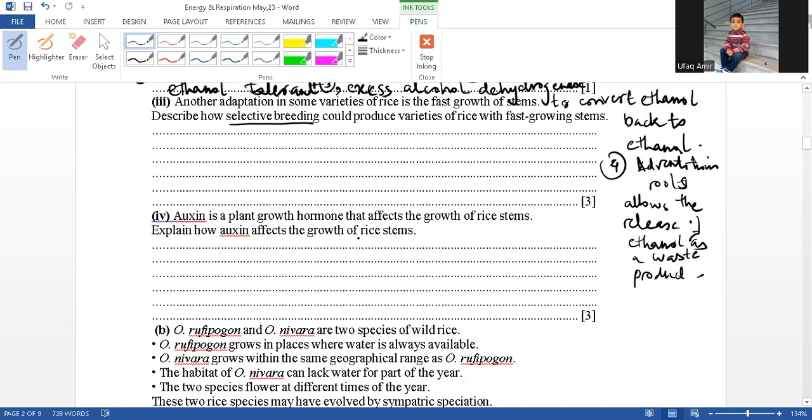Next, I have told you that these questions are from natural selection and artificial selection. That's not the topic. We are discussing the past paper questions of respiration, so we will not be discussing this. This is also from the chapter on coordination, auxin hormone, so we'll not be discussing this as well.